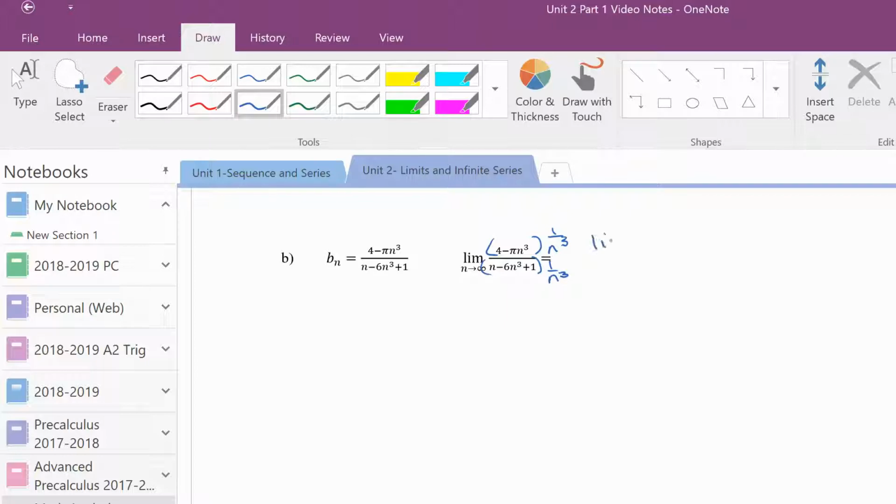So it's the limit as n approaches infinity of 4 over n to the third minus pi over 1 over n squared minus 6 plus 1 over n to the third.